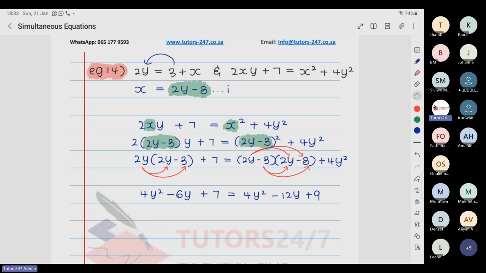From there, all we were basically doing was using our simplifying techniques that we learned in grade 10 to distribute into the bracket or to use your FOIL method. All of that was discussed in grade 10. Please go back to your grade 10 textbook and revise those concepts if you have forgotten.